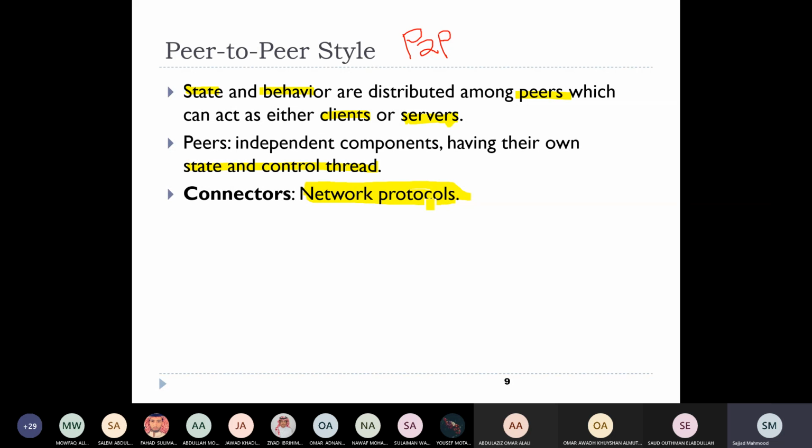And the question is, what are they sharing? Basically, they are usually sharing whatever content they want to share. This is being shared in the form of network messages, because they are using network protocols.